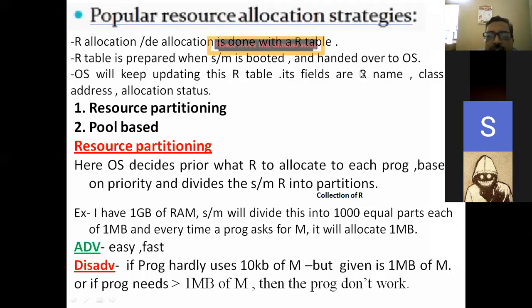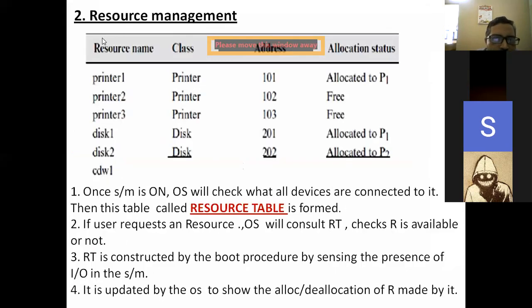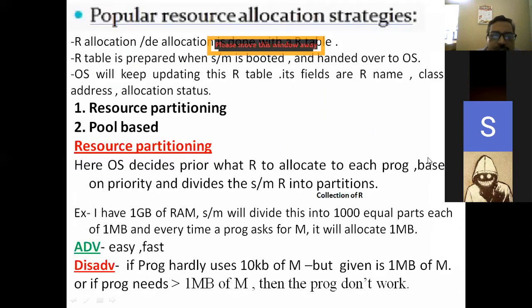Its fields are the resource name, the class of resource, the starting address of the resource, and the allocation status. We saw these different fields in the last slide. So this resource table will be formed once you boot the computer system.